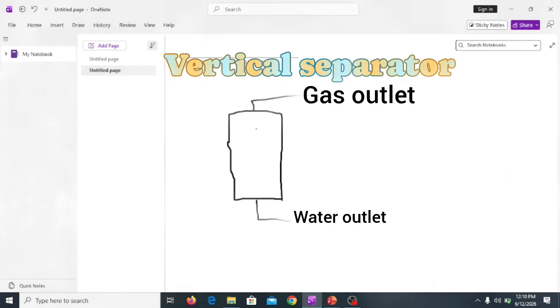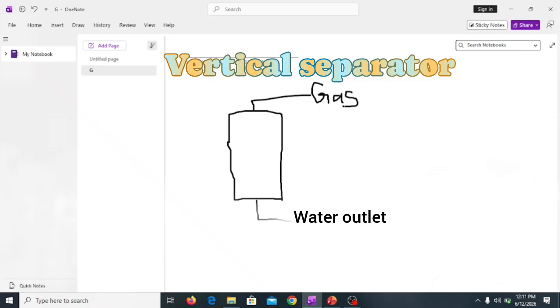A vertical separator is better when we have too much gas, because the gas is released more easily. That is why our two-phase separators are usually vertical separators.